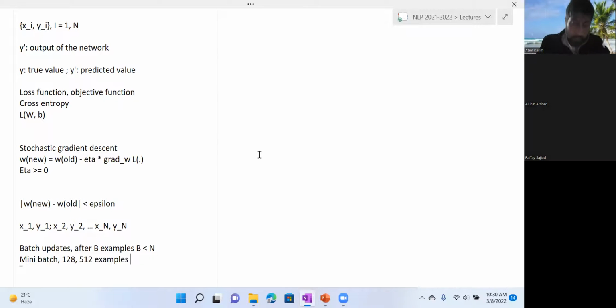These are also sometimes called mini batch. So in other words, rather than updating your network after each example, you update the network after feeding in this number of examples, let's say 128 or 512 or any other number B. All of those errors are accumulated and then the model is updated. So in practice, we do batch updates rather than incremental updates after each example.